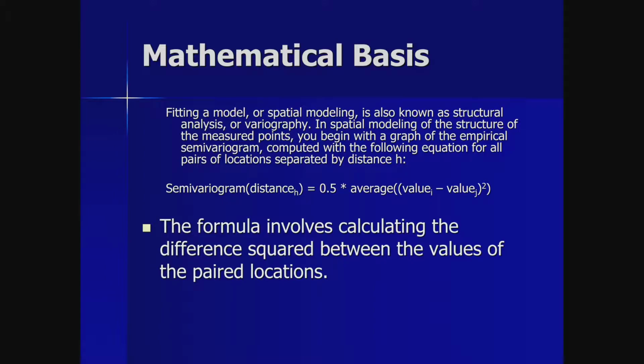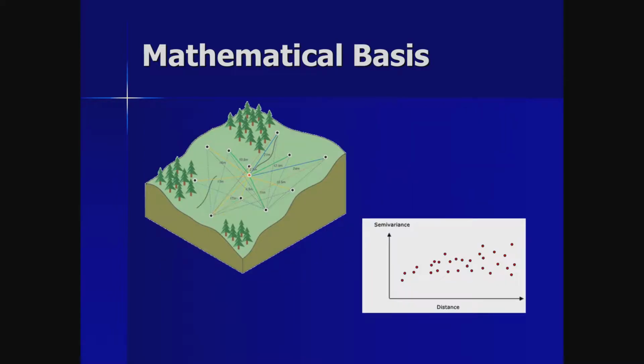Basically, if these were all your original points, it calculates the distance and the difference between all the points in the map, and then plots them out. Distance is one axis, and the variance, in other words the variability, the difference in values, is the other axis. That's why it's called the semi-variogram.